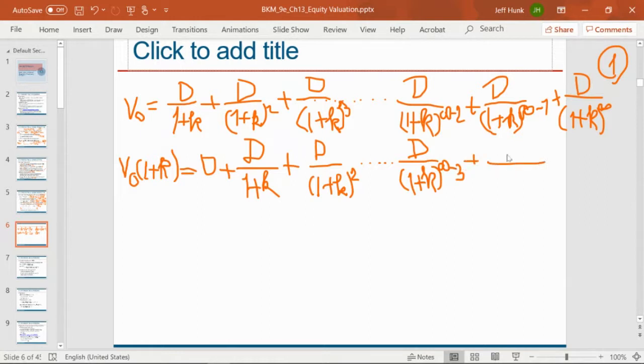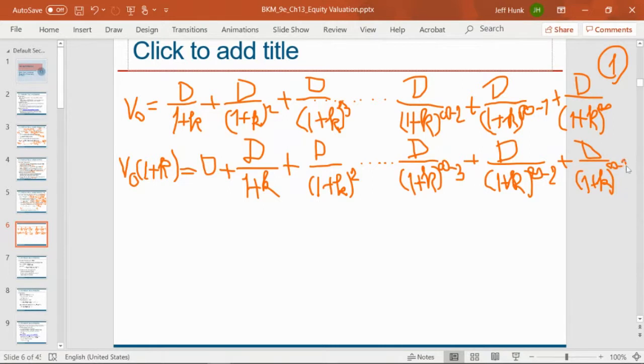This term will become (1 plus k) raised to infinity minus 2. And this one will become (1 plus k) raised to infinity minus 1.